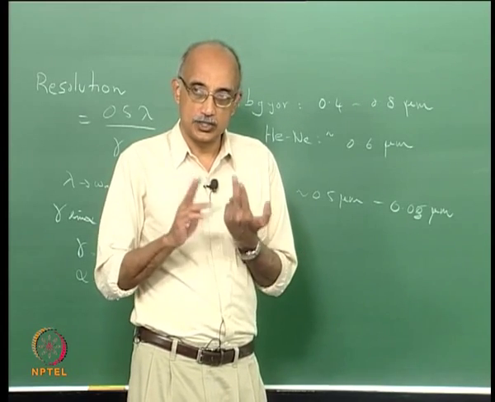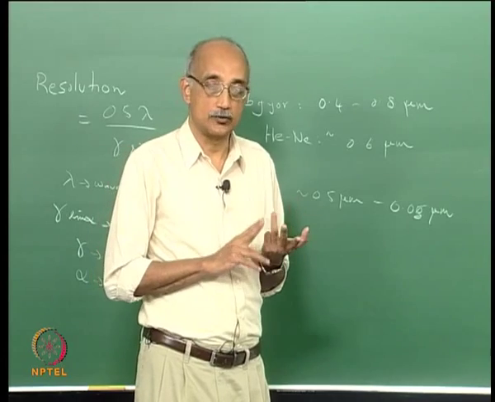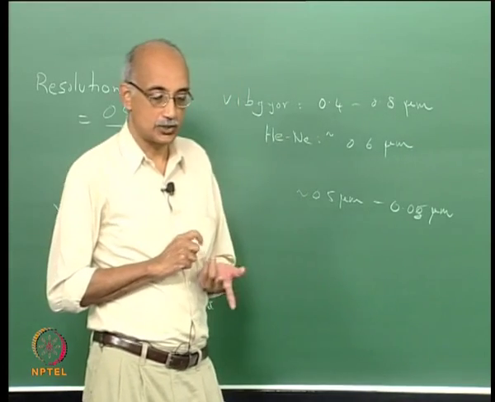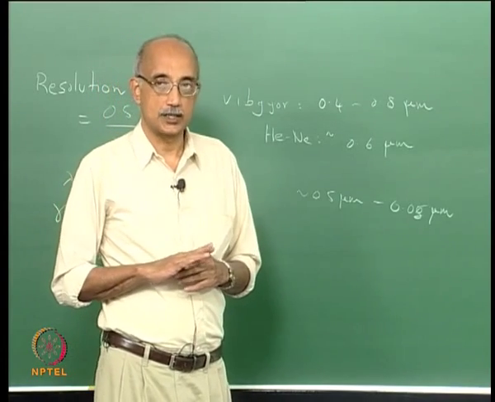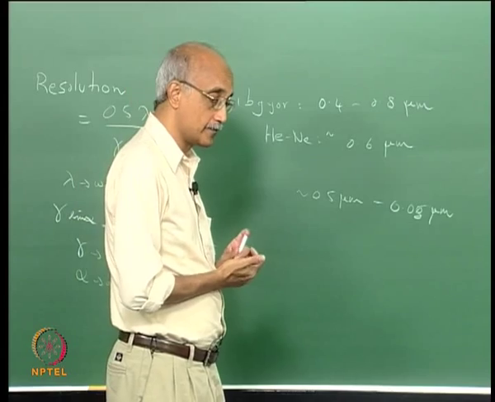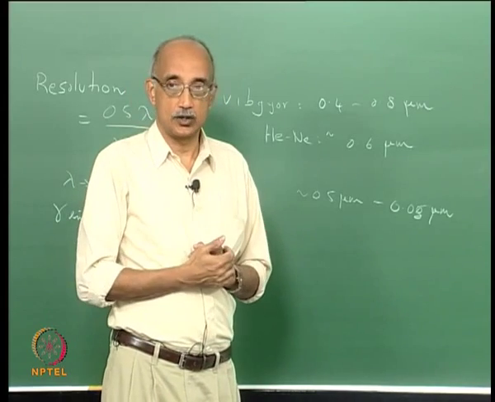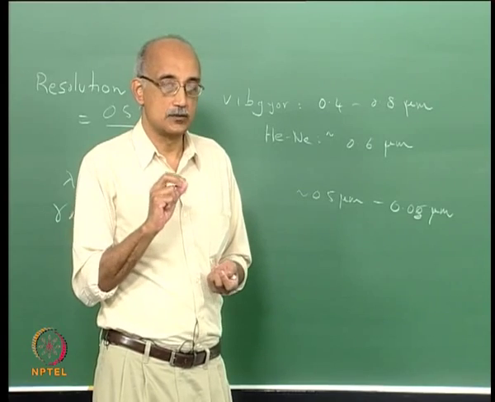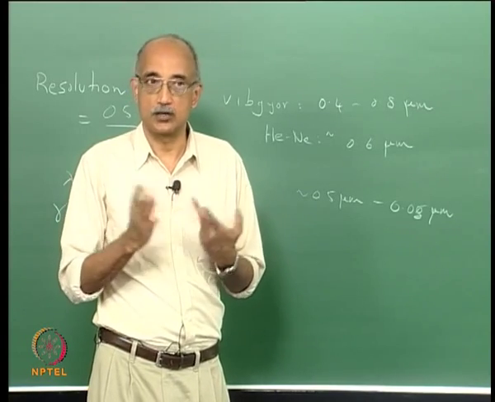Now, to be able to resolve between those two can actually be quite difficult, and dark field microscopy was actually introduced essentially to address this issue. So, in dark field microscopy, the surface that you are looking at will essentially be dark, and the surface features will then shine in contrast.